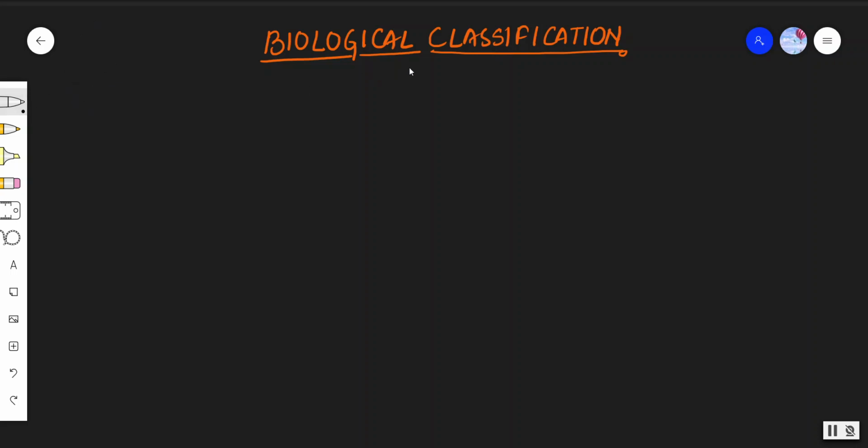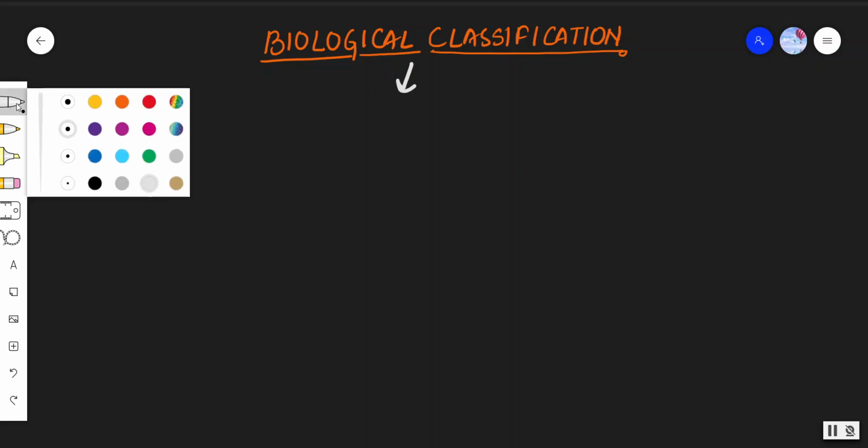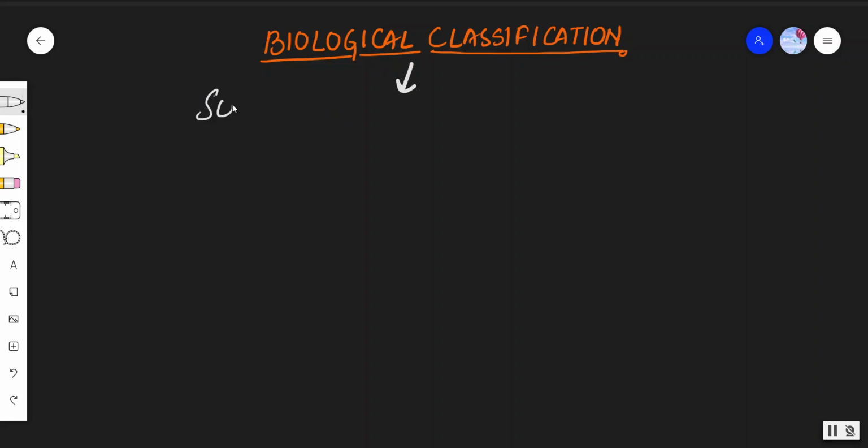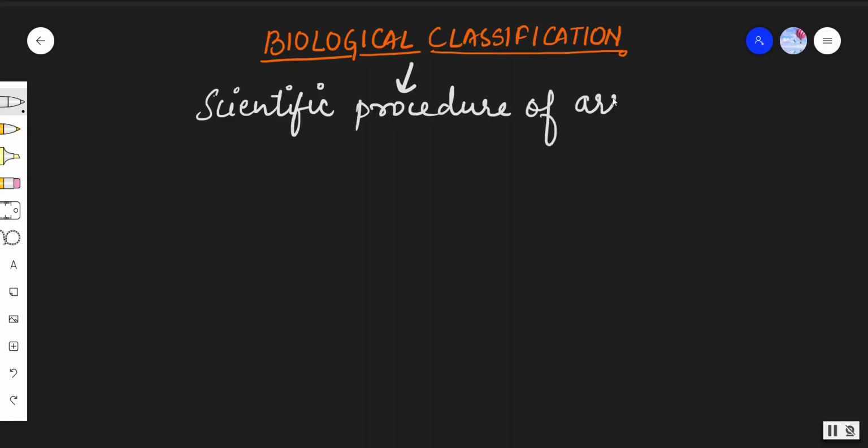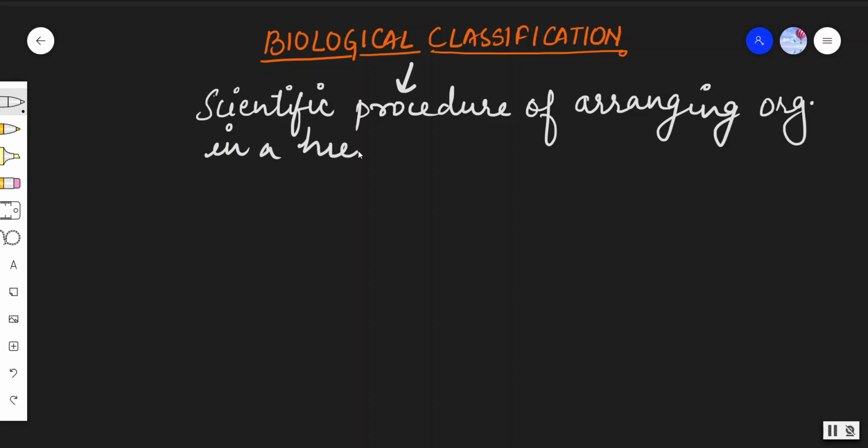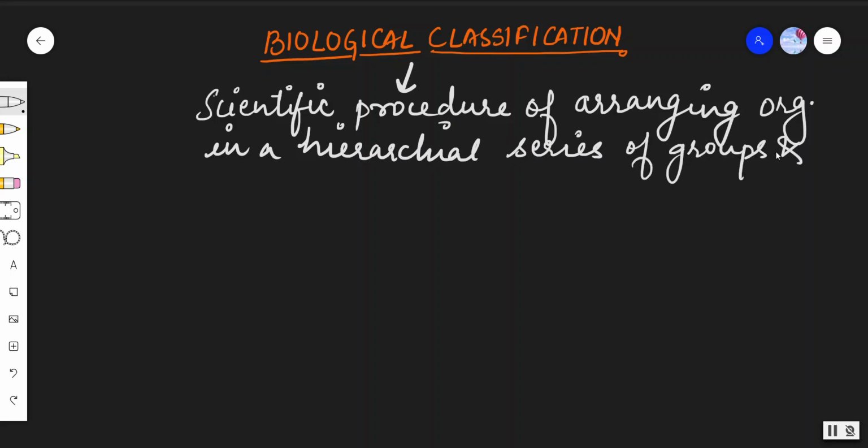So biological classification is what? It's just the scientific procedure of arranging organisms in a hierarchical series of groups and subgroups.